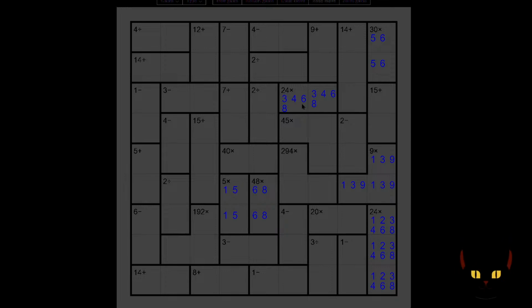Now 192. So that's 1, 2, 3, it's divisible by 4. And divided by 2, you get 96. Divided by 6 is also divisible by 2, so 4 as well.